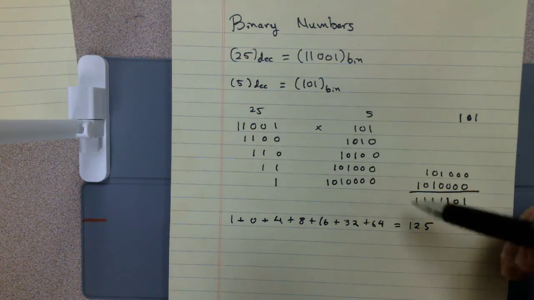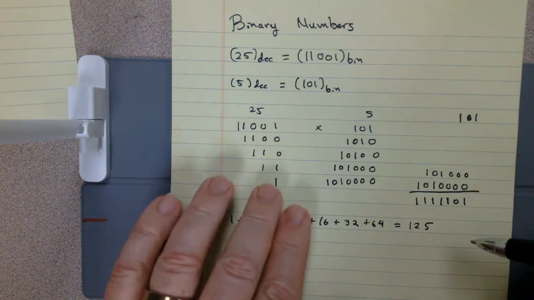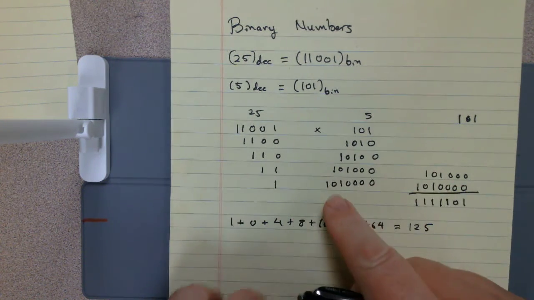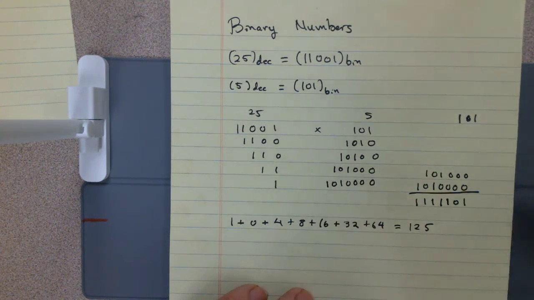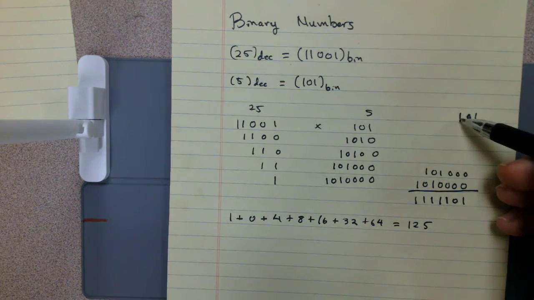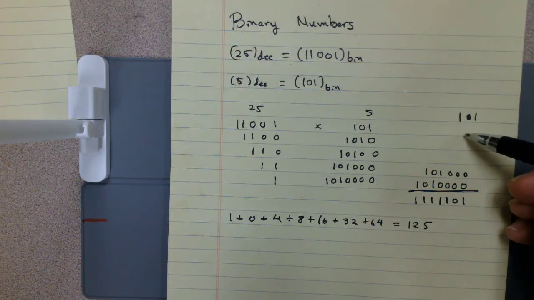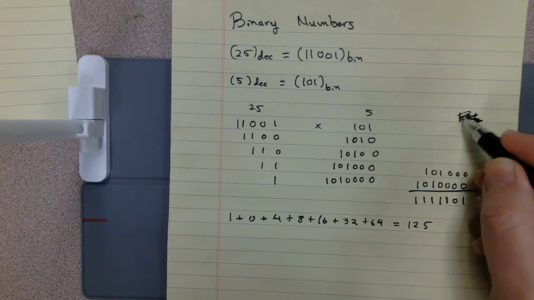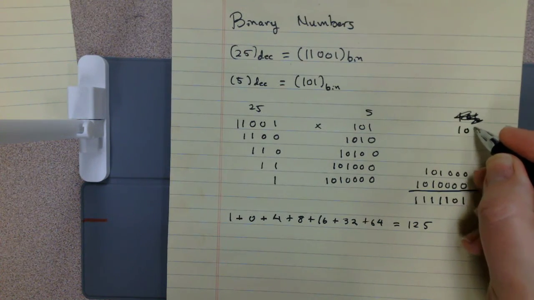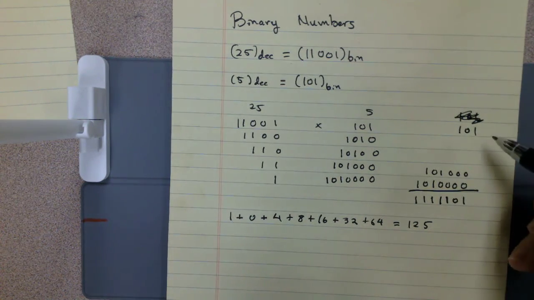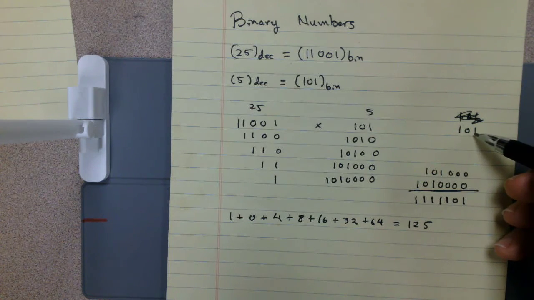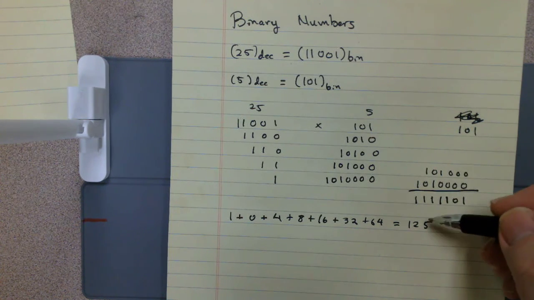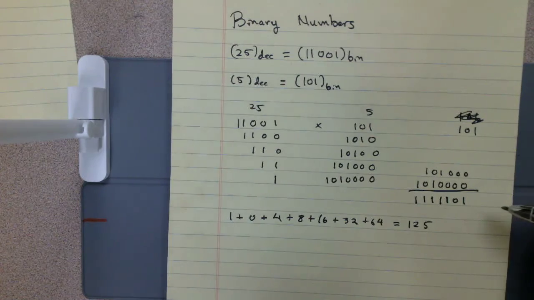Okay, and so we're shifting one direction over here, we're shifting the other direction over here, and then we do as we did before here. Yeah, I put that on the wrong line. This should be 101 anyway, not that it's a big deal, but then it's just a matter of adding these binary numbers together.